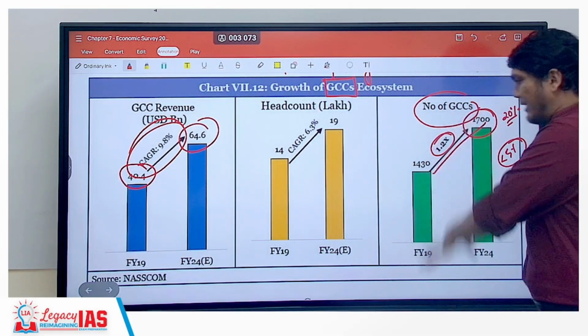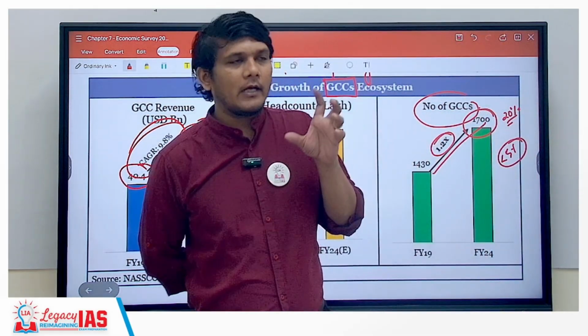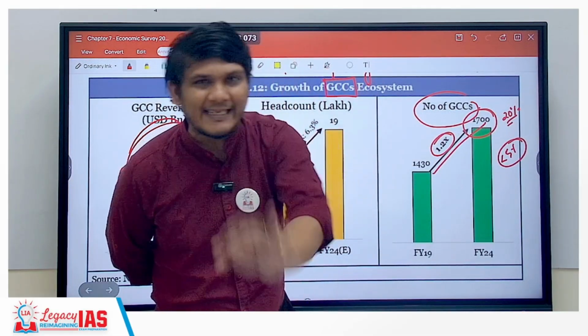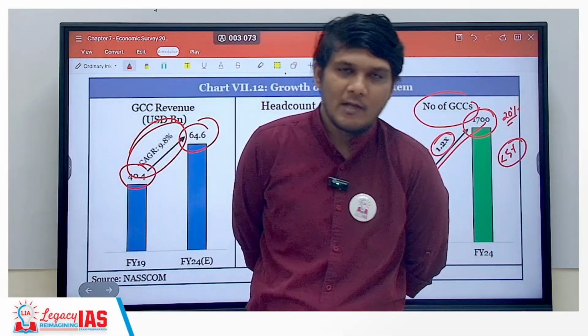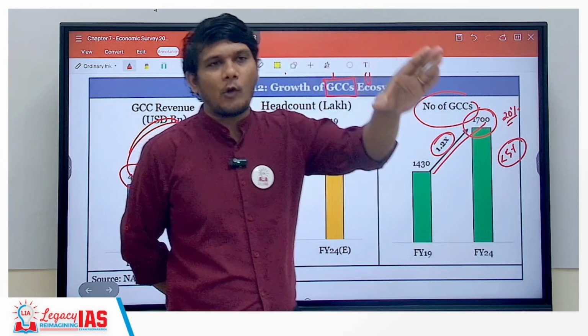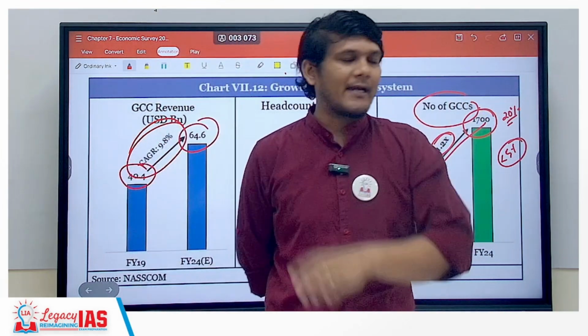Now why am I telling you this? It is required for you to understand how to present things in your mains. Of course, there you will not be trying to manipulate or give a psychological positivity with respect to something that is negative. Absolutely not.